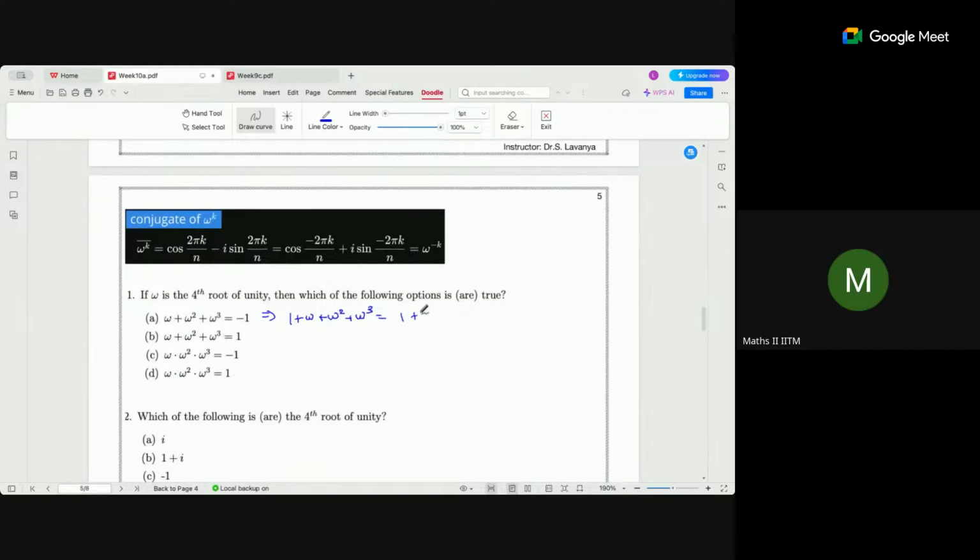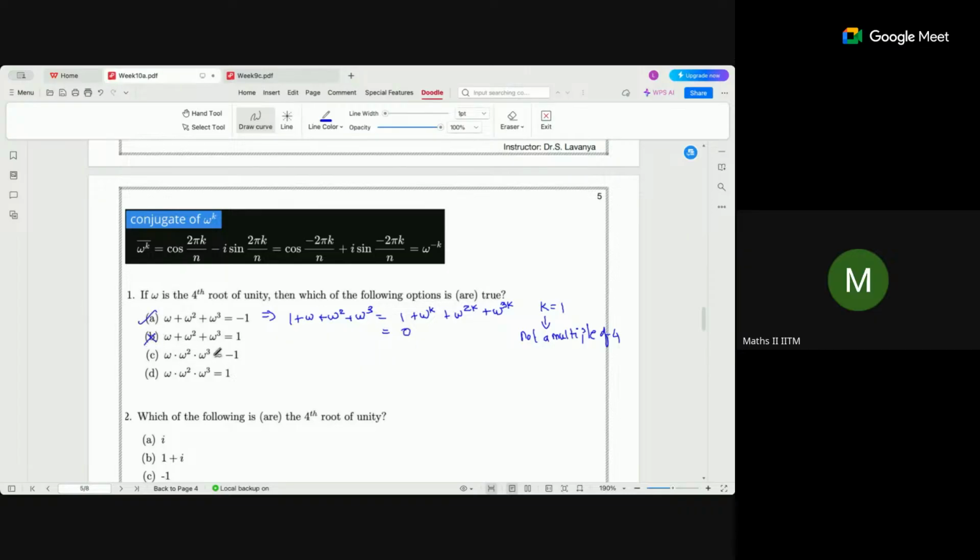It is 1 plus omega power k plus omega power 2k plus omega power 3k, where k is equal to 1, and 1 is not a multiple of 4. So what can you say about this sum? The sum is 0. So option 1 is correct, and this cannot be correct.